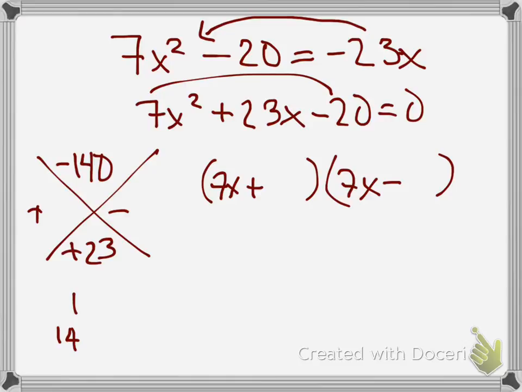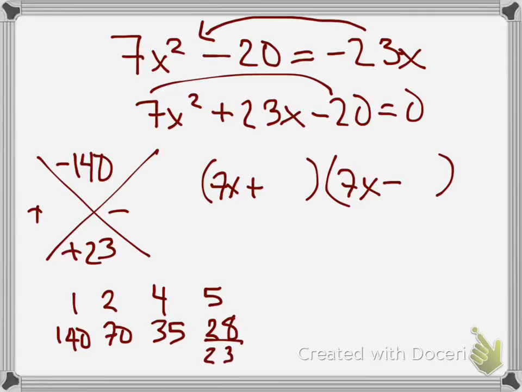So 1 and 140, no. 2 and 70, no. 3 doesn't work. Does 4 work? Let's see here. 4 goes into that 35 times. I'm getting closer, but no. 5 goes into it 28 times, and bada bing, bada boom, there we go. So I'm going to put the 28 here and the 5 here.